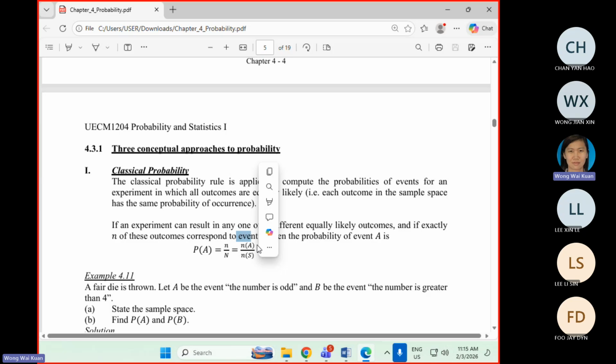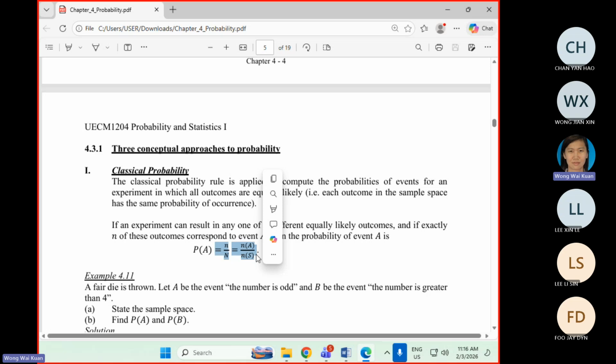Or we say this is small n divided by capital N, where small n is always like the sample size and capital N is the population size, right? But here it actually refers to the number of elements in the event divided by the number of elements in the sample space, which is all.